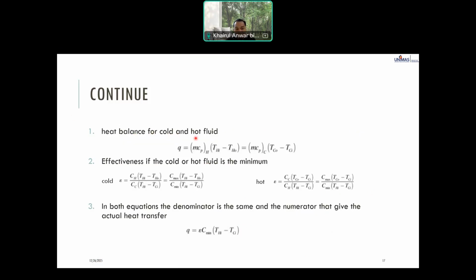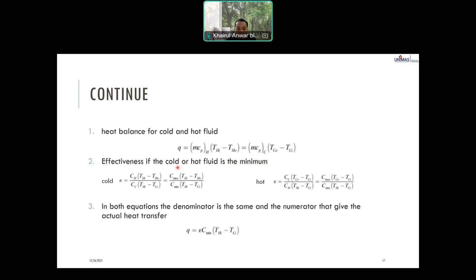Heat balance for cold and hot fluid: Q equal to m Cp hot, in this case THI minus THO, is equal to m Cp cold, TCO minus TCI. Cp here is different; this depends on the fluid inside the heat exchanger.